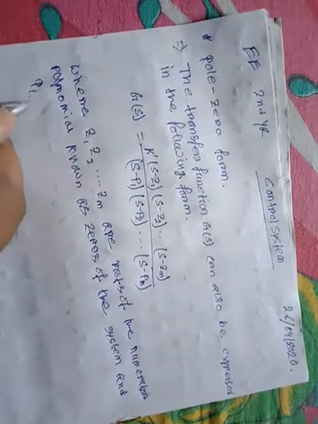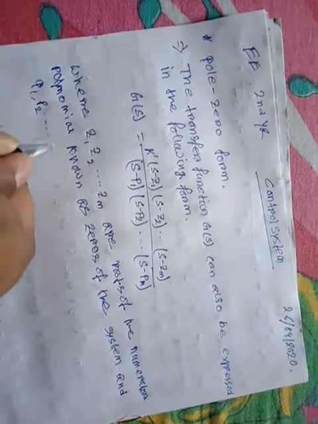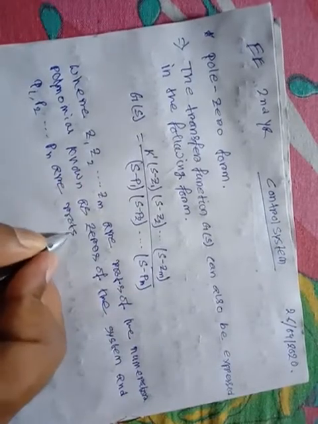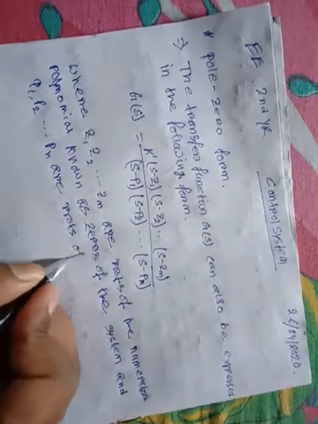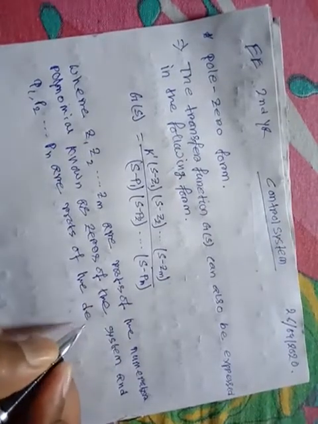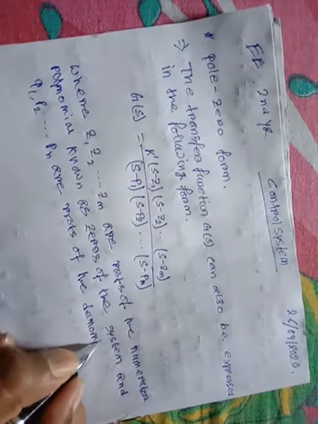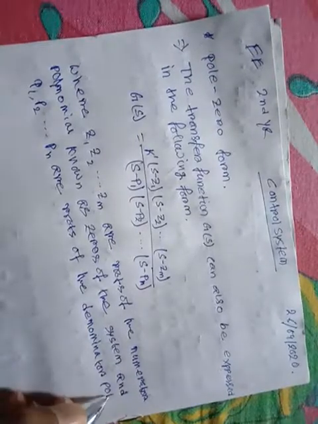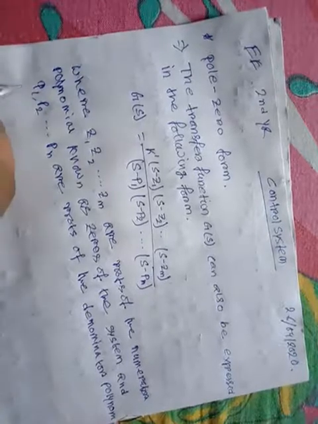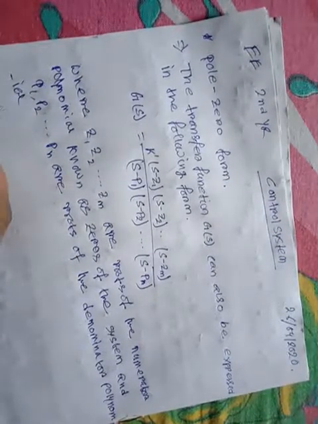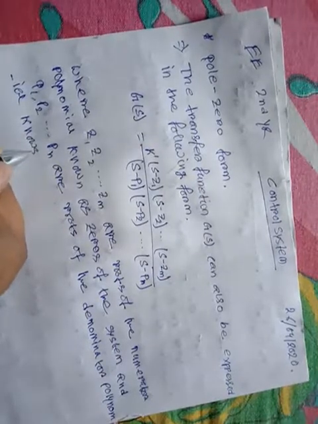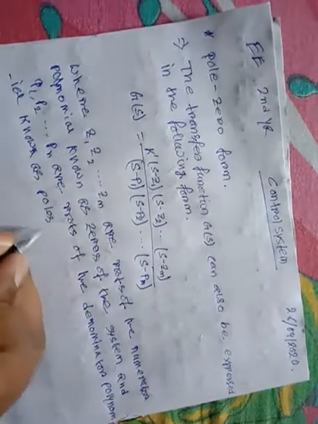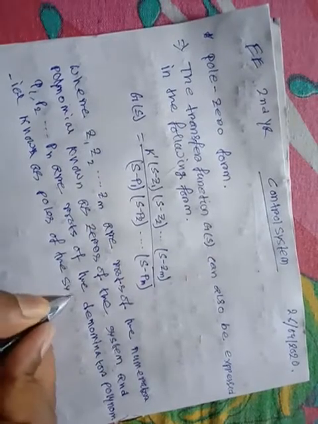And p1, p2 up to pn are the roots of the denominator polynomial, known as the poles of the system.